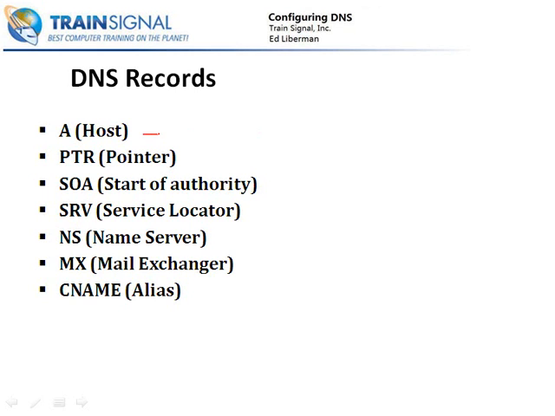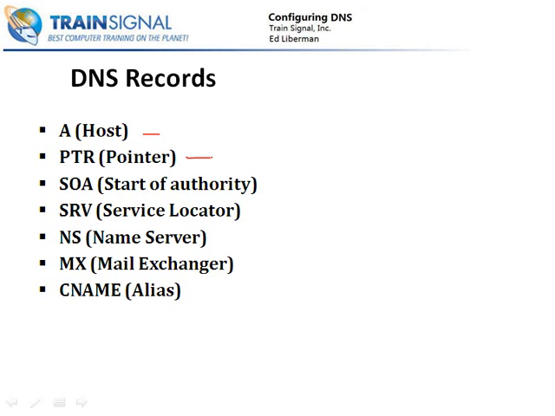This is probably the easiest record to understand. An A record or a host record resolves a host name to an IP address. It is your typical forward lookup record. It says, here's a name, what's the IP address? Done.